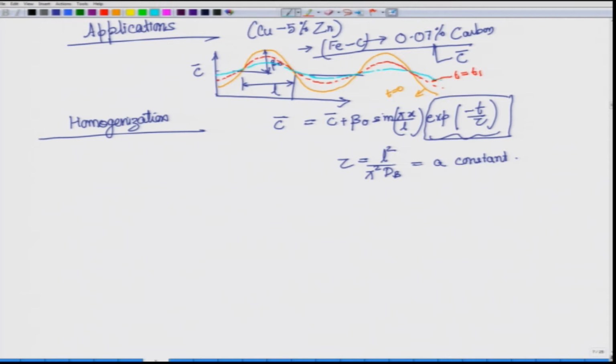So, what is changing here? It is the amplitude. So, basically you can also write a relation for how the amplitude is changing, and you can say beta is equal to beta naught, which is the amplitude at the very beginning, exp minus t by tau.